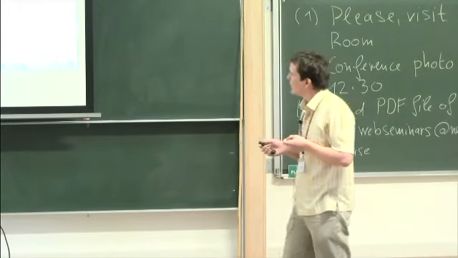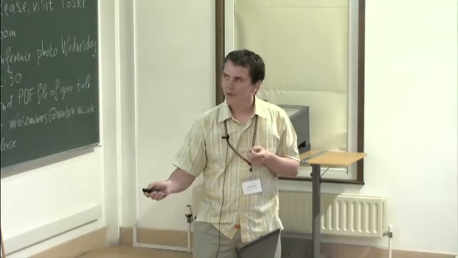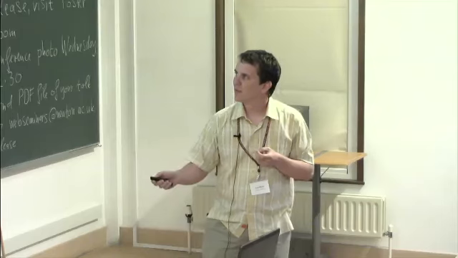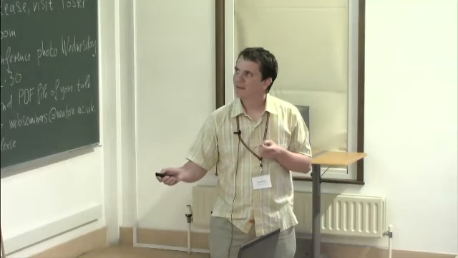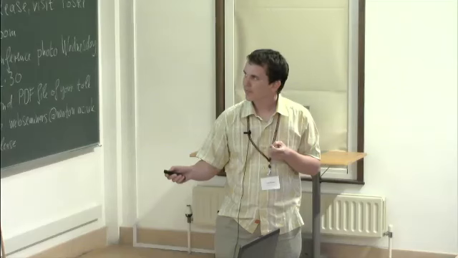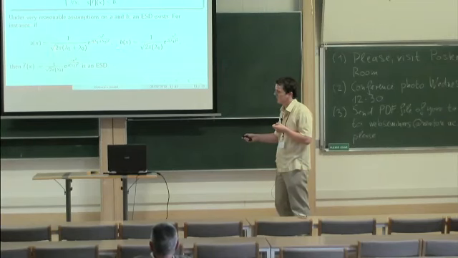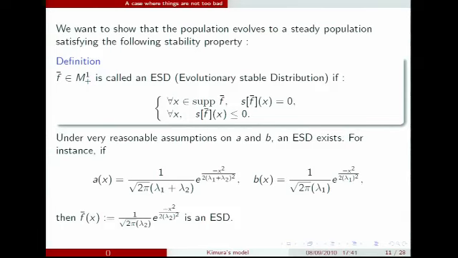An example of such a population is this one. You consider A and B two Gaussians, and then you can check that f bar chosen like this one is indeed an ESD, because the fitness is A minus B convolved with f bar, and if you convolve those two Gaussians, you obtain exactly this one. So this condition will be satisfied everywhere.